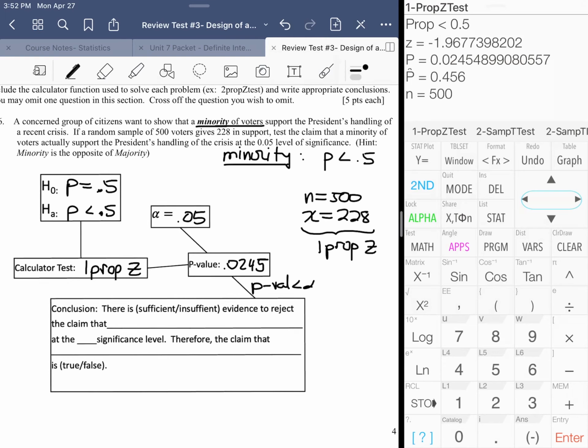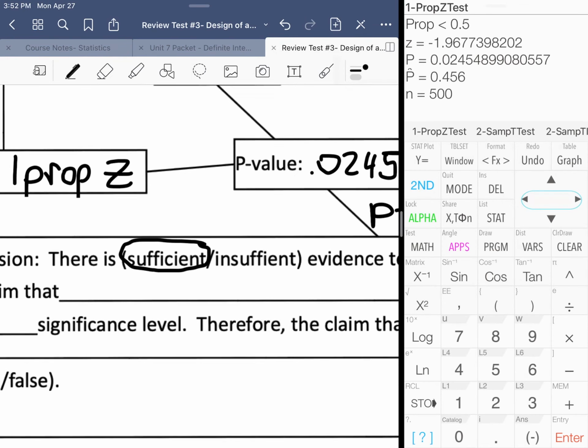All right, that p-value is going to be less than alpha. Poor quality alpha, let me do that again. All right, so if it's less than alpha, that means that there's sufficient evidence to reject the claim that the population proportion of people who support the president's handling of the crisis is 0.5. So I'm just going to jot that down.